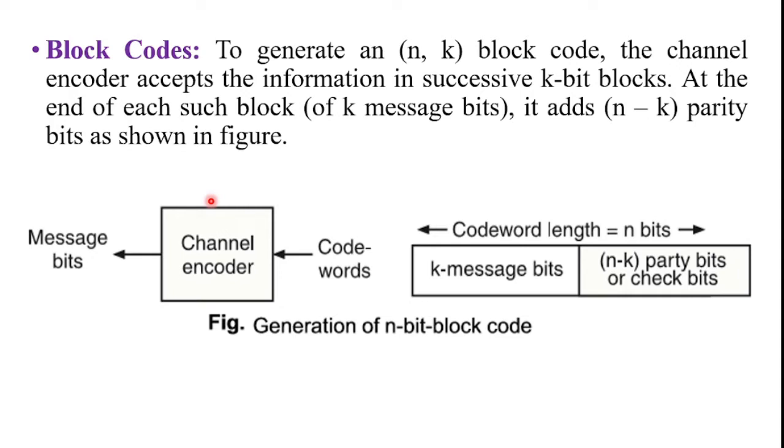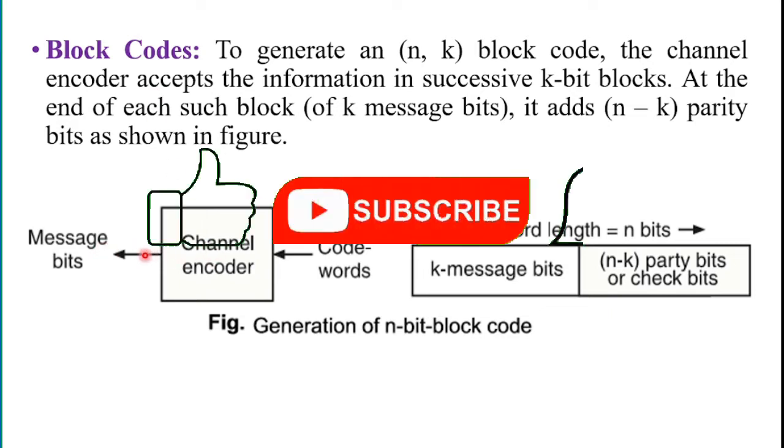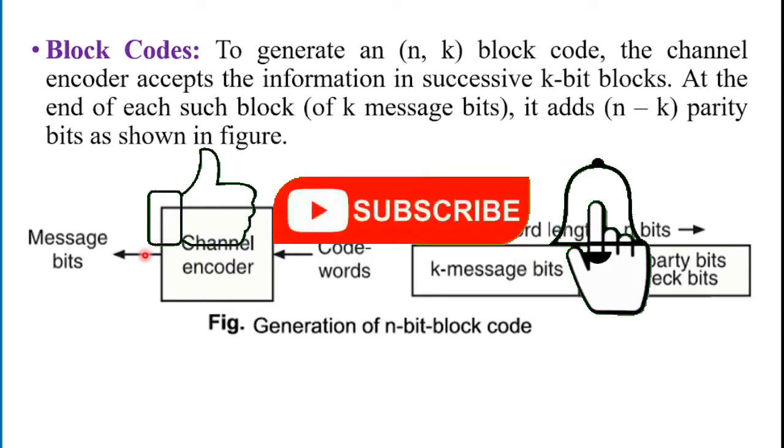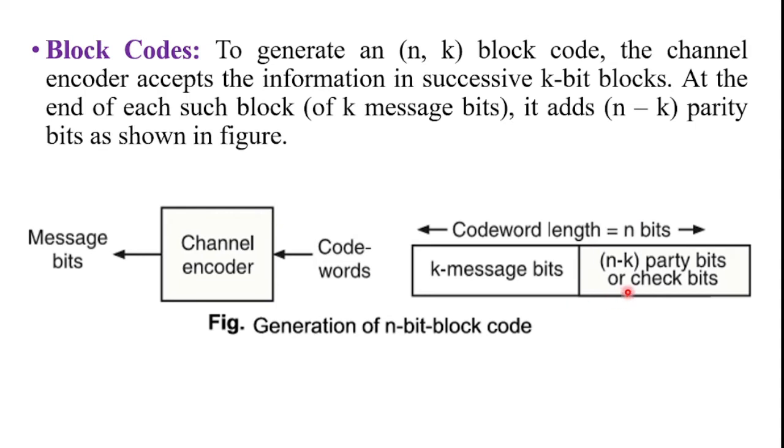The definition of the block code is: to generate an (n, k) block code, the channel encoder accepts the information in successive k-bit blocks. At the end of each such block, it adds n minus k parity bits, which is called the block code. So the general structure of the block code is as shown in this diagram.